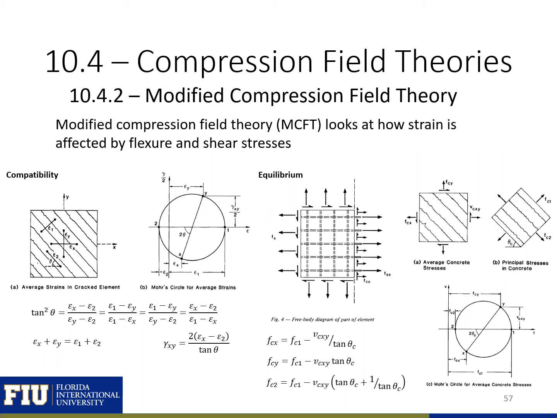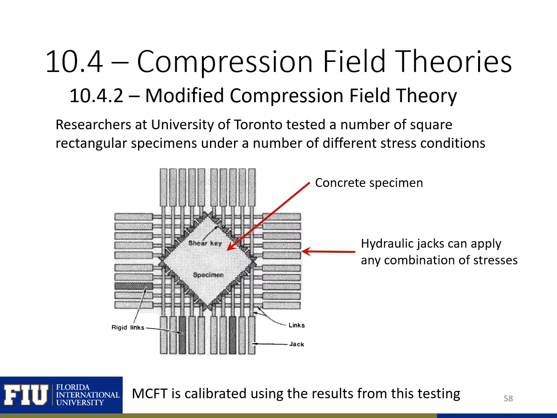AASHTO uses methodology from the modified compression field theory. The modified compression field theory looks at how strain in the section is affected by both flexure and shear stresses. Researchers at the University of Toronto tested a number of these square specimens under a number of different stress conditions.